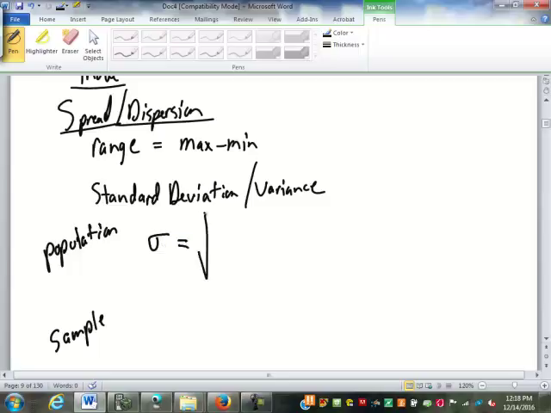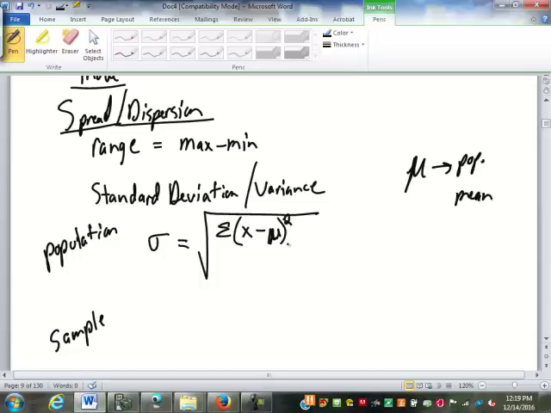And it is the square root of the sum of each x value, each value in the set, minus the mean. The symbol for the mean is x with a bar over the top of it. Actually, I've got to be careful. For a population, the mean is actually the Greek letter mu. So that equals a population mean.